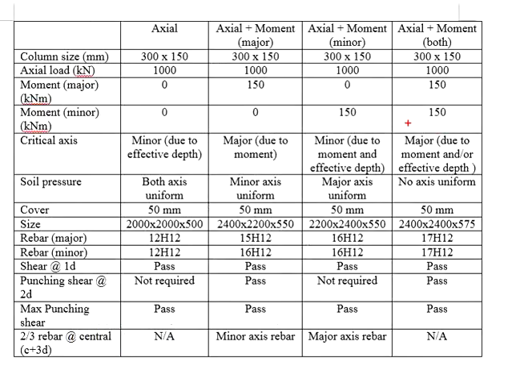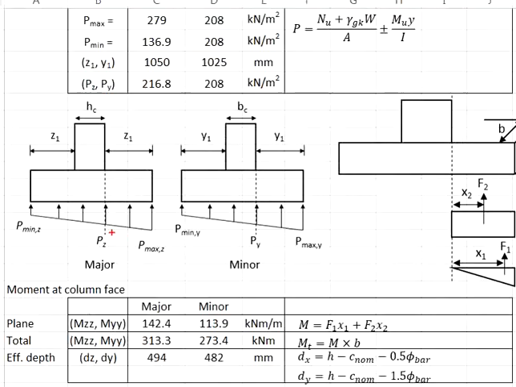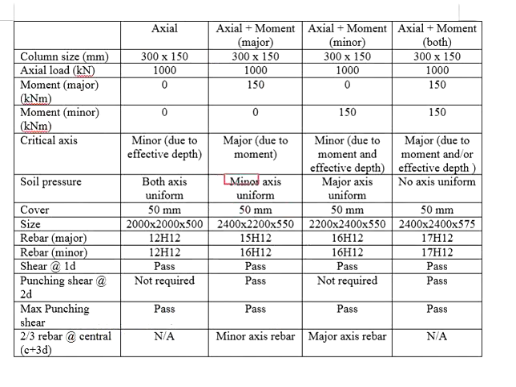In this case, the moment is in the major axis. That means you expect the major axis to have this kind of linearly distributed soil pressure, whereas the other axis would be uniform due to the lack of moment in the other axis.